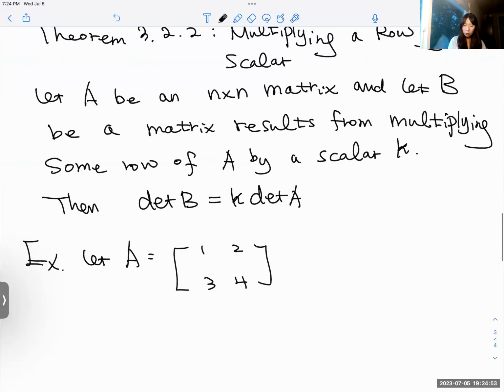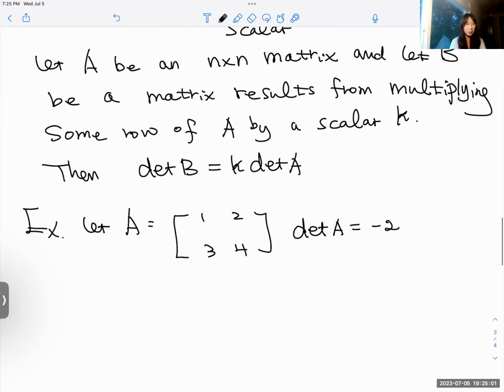So we knew that the determinant of A is negative 2 from previously, right? Okay, let's see. B equal to 5, 10, 3, 4.